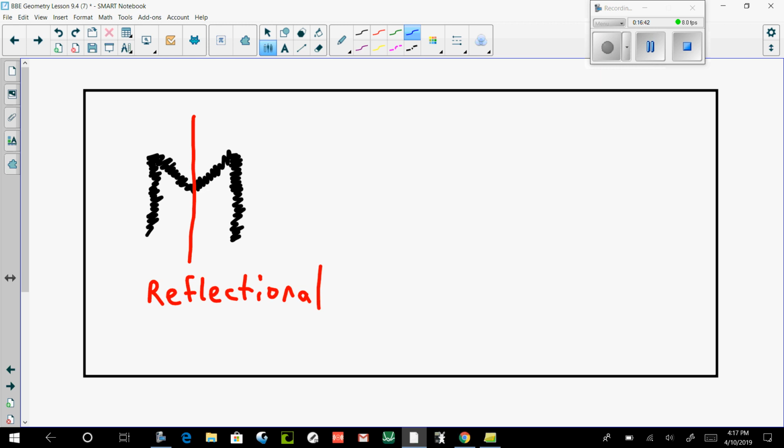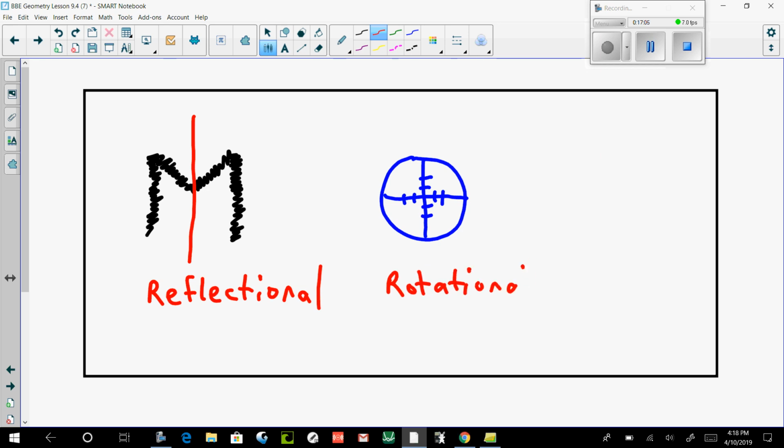So maybe for rotational symmetry, I draw in the snow some crosshairs. And this definitely has rotational symmetry because if I rotate this 90 degrees or 180 degrees, it maps onto itself. So I take a picture of it and upload it to the same document.